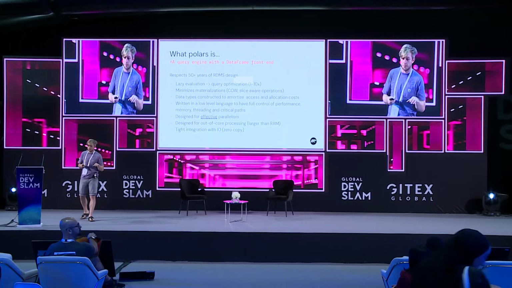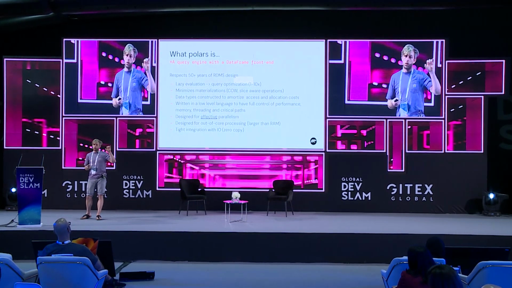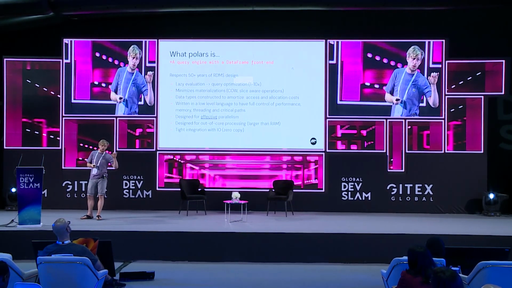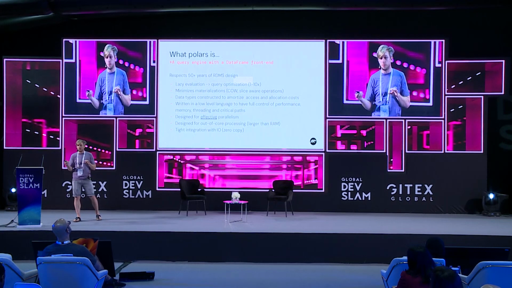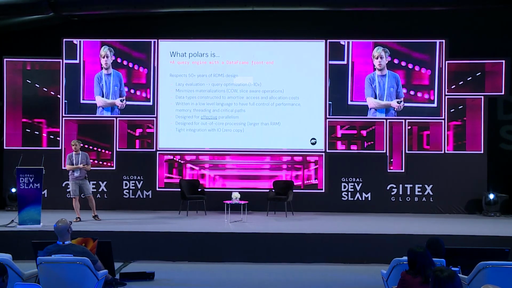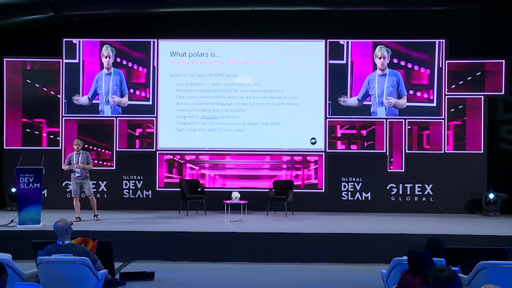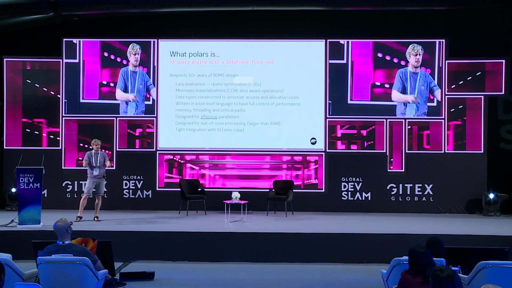But we also take a lot of effort to be highly performant, and we do this by minimizing materializations. This means copy on write, or making operations slice aware. For instance, if I do a join, but I only need to take the first 100 rows after this join, we don't want to materialize this whole join first and then do the slice.